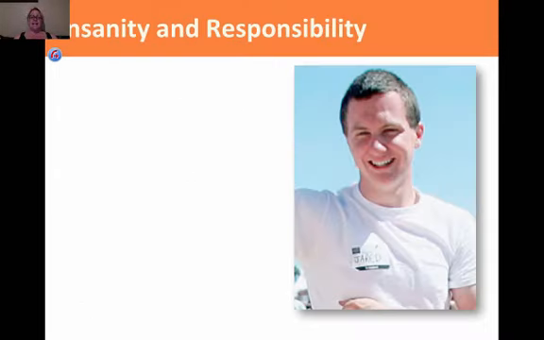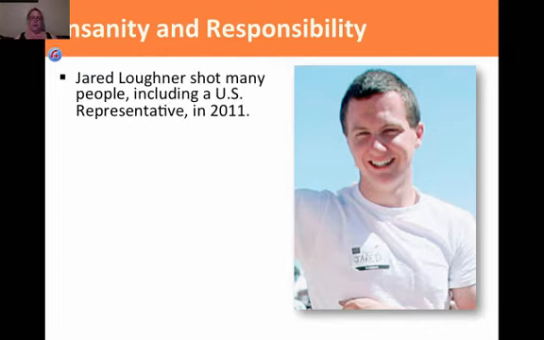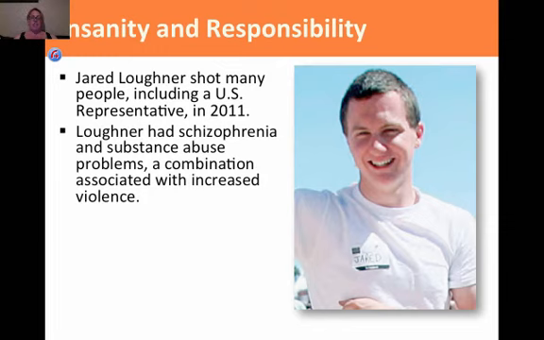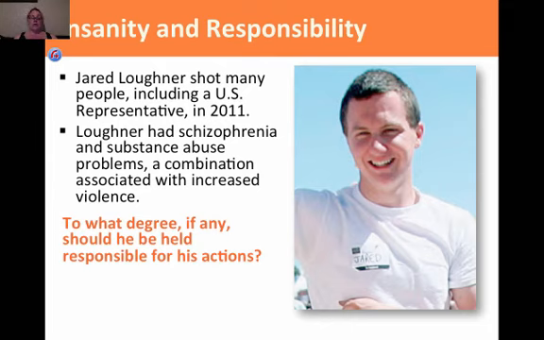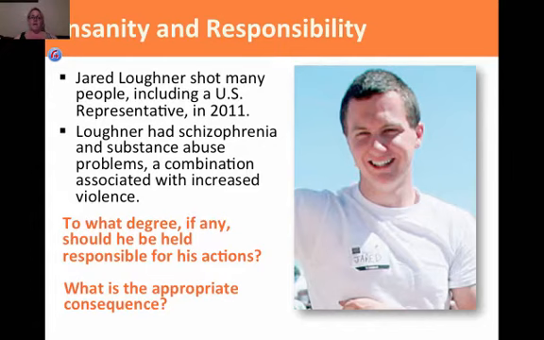Now, what about insanity? Insanity and responsibility always come up, and it's important to acknowledge. This is Jared Lautner, who shot many people, including a U.S. representative, in 2011. He has schizophrenia and substance abuse problems, a combination associated with increased violence. The big question is, to what degree, if any, should he be held responsible for his actions, and what is the appropriate consequence?